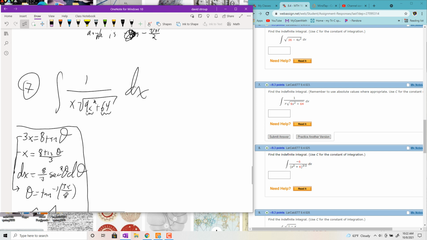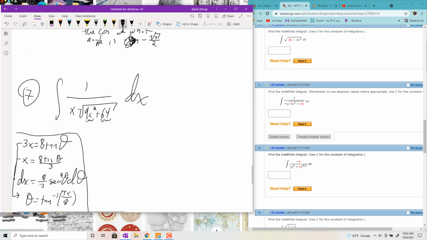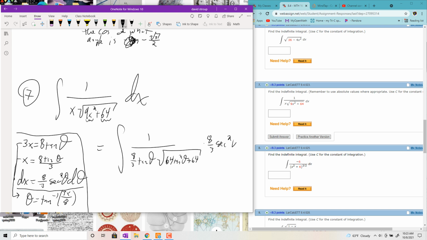Okay, then I'm going to start doing my substitutions. So you really only need this first part, just pull this first part off. So the integral of 1 all over x, x is 8/3 tan theta, and then the square root of 64 tan squared theta plus 64, and then dx, which is 8/3 secant squared theta d theta.